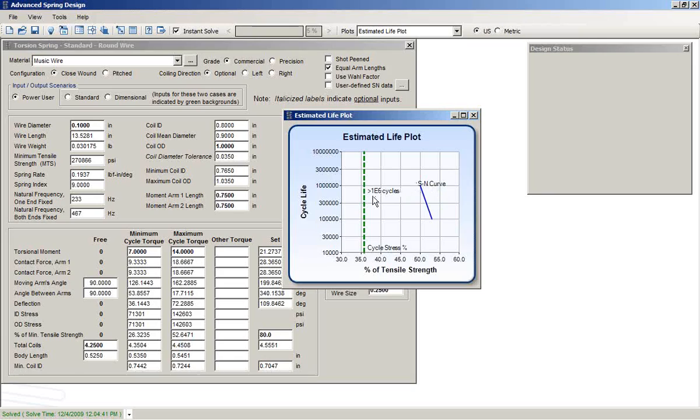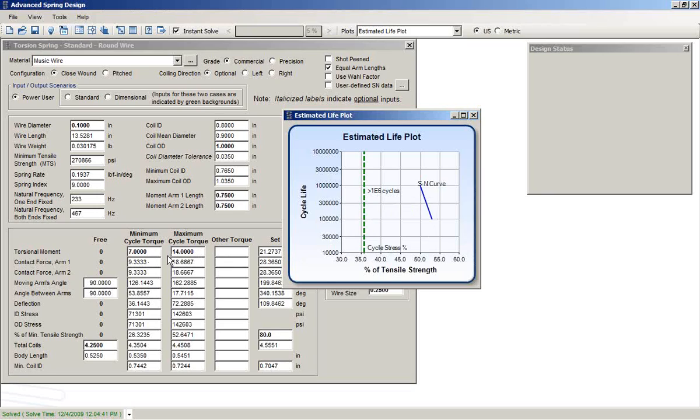Anything falling to the left of that SN curve, any stress condition to the left of that curve, would indicate a life of greater than 1 million cycles, because that's this point right here. Anything to the right of that SN curve would be an indication that the life is going to be less than 100,000 cycles. Anything falling along the blue SN curve will be some life between 100,000 and 1 million cycles.